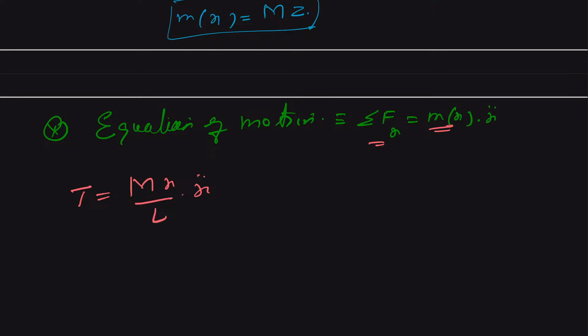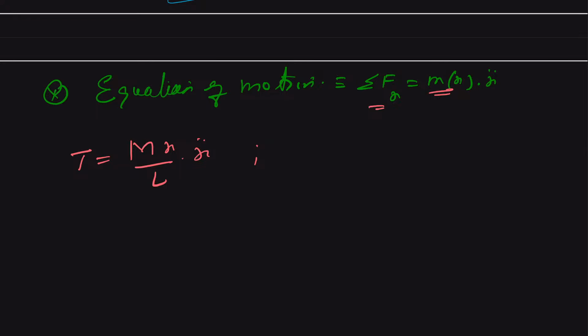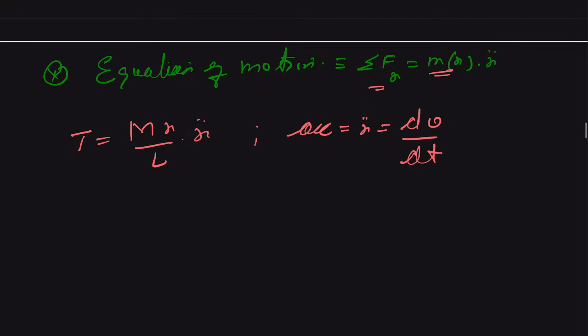Then we can express the acceleration in terms of velocity. The acceleration, which is the distance double derivative, is nothing but dv by dt. This dv by dt we can represent using the chain rule, writing it as dv by dx times dx by dt. So we get v, since dx by dt is the velocity, times dv by dx.